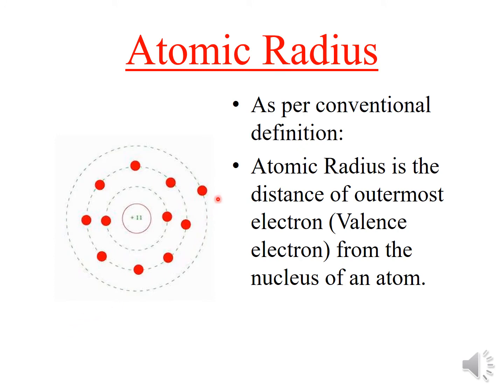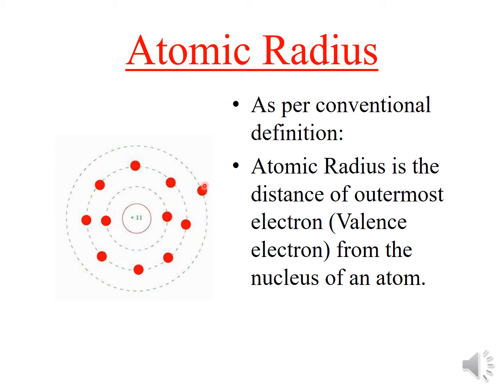Atomic radius is the distance of this electron, the outermost electron known as the valence electron, from the nucleus. This distance is defined as atomic radius. So as per the conventional definition, atomic radius is the distance of the outermost electron from the nucleus of an atom.